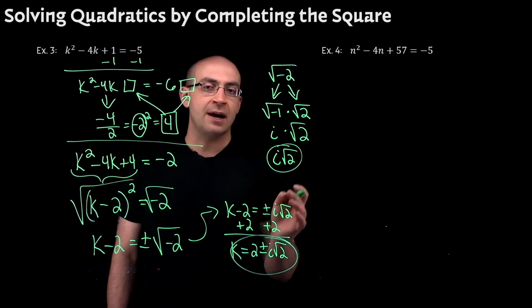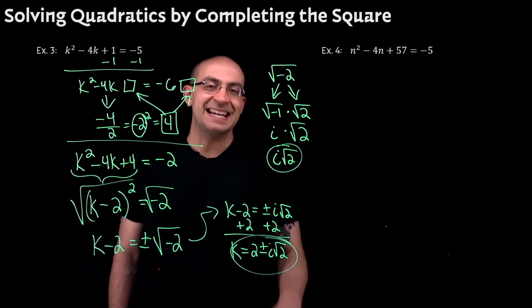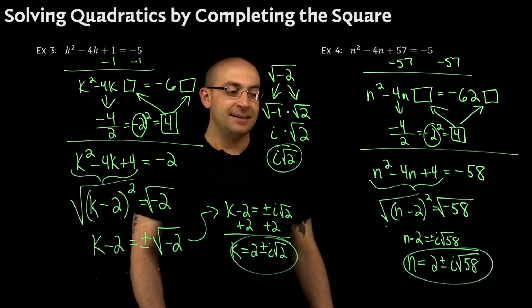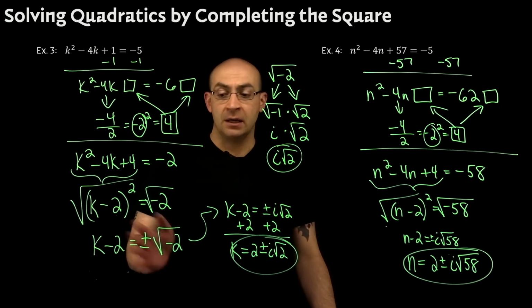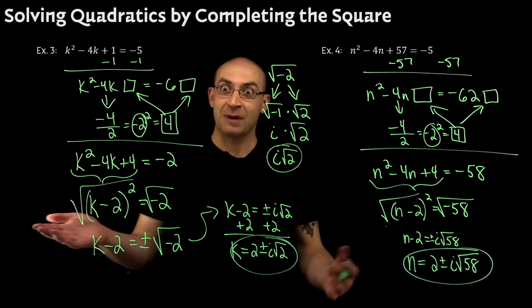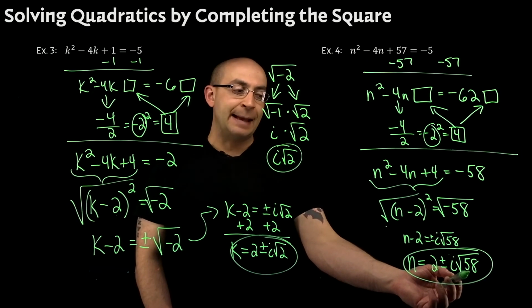You can certainly try number 4 on your own. I'll go through it myself, and let's connect in a minute. You're back. I'm glad. Our final answer here is going to be n equals 2 plus or minus i root 58. Now, like the previous problems, 58 is not able to be simplified.